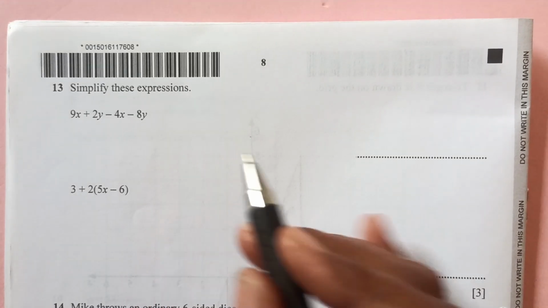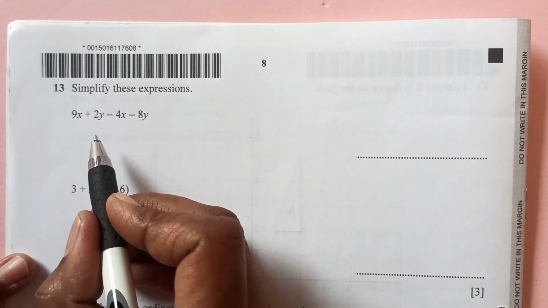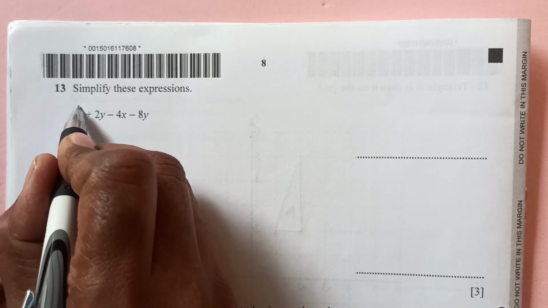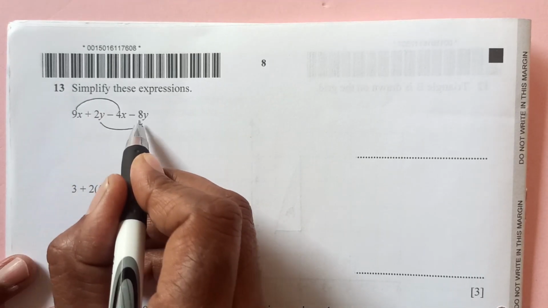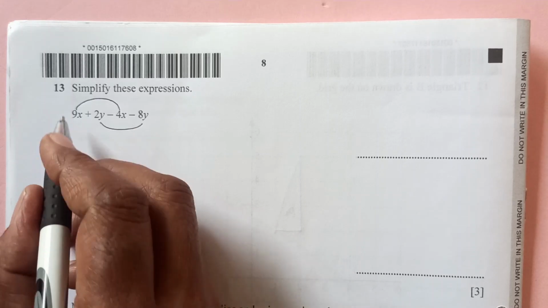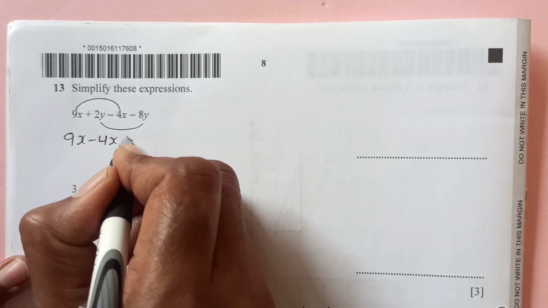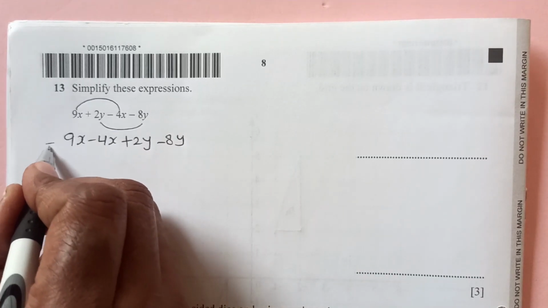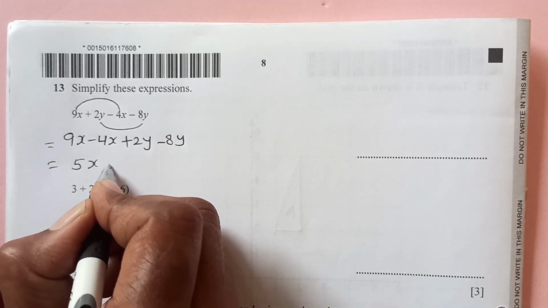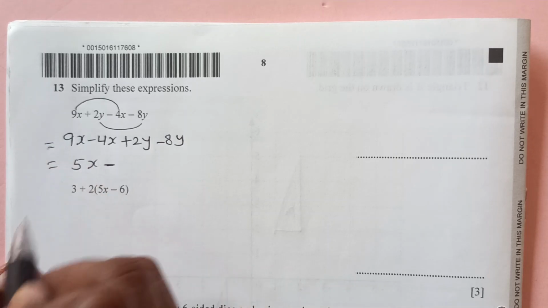You should never miss these kinds of questions. Another question that we have here: simplify these expressions. We need to collect the like terms: the 9 and 4 with x, and the 2 and 8 with y. So 9x minus 4x, then plus 2y minus 8y. 9 minus 4 is 5x, and 9 is greater and has a positive sign, so it remains positive.